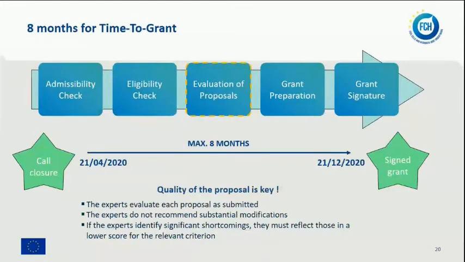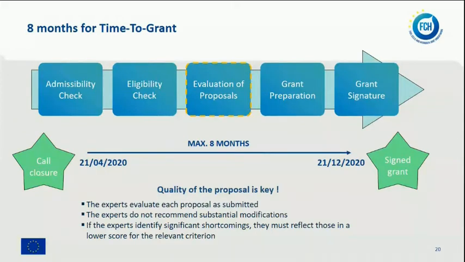Now we move to the blue part. So let's imagine the call is closed and we are on the 22nd of April. What is happening? Well, from the call closure to the signature of the grant agreement, there are 8 months. The regulator asks this process to be sufficiently fast, and it has an impact on the way we write the proposal.